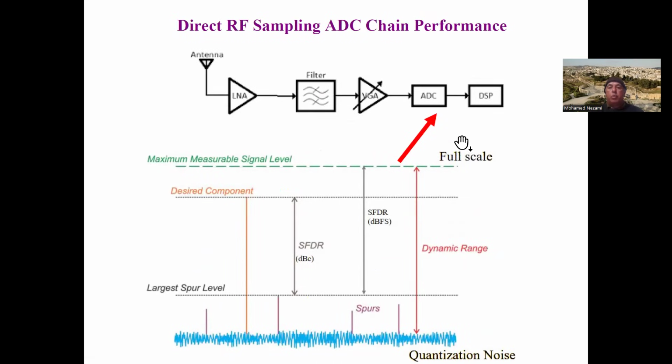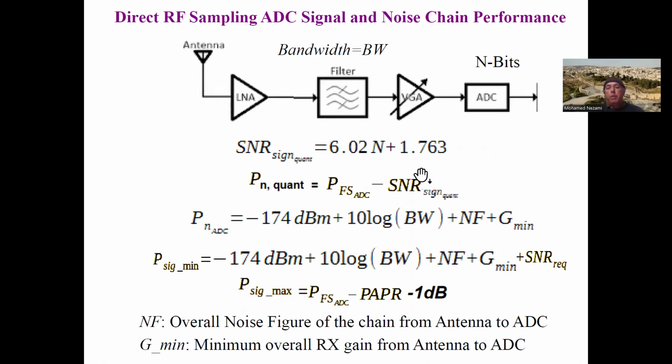So what we're saying is we want the ADC, the maximum signal that we can get in here, and a lot of times that's because we're nearing the transmitter, so we're picking up a large signal, or there is a large interference. Either way, that value in here we need to have not exceed the full scale by a certain magnitude, which is the peak to average ratio and 1 dB.